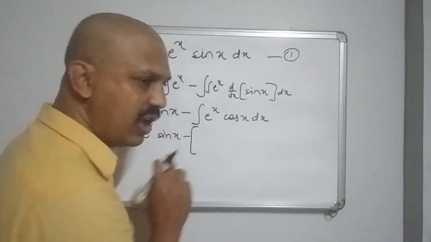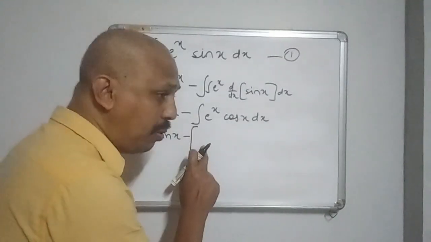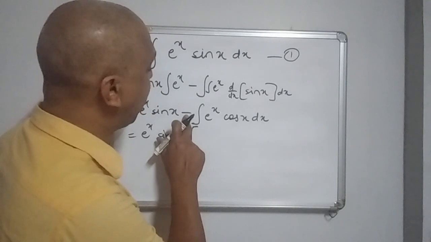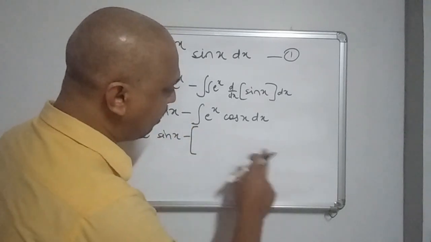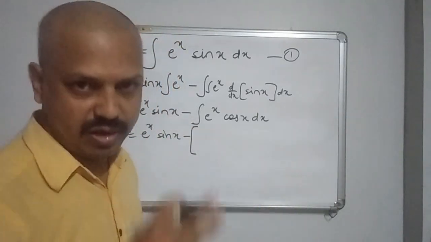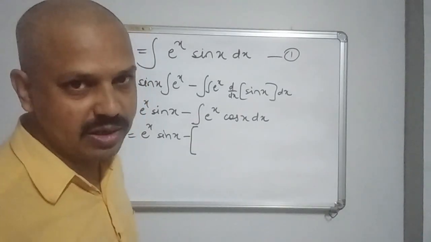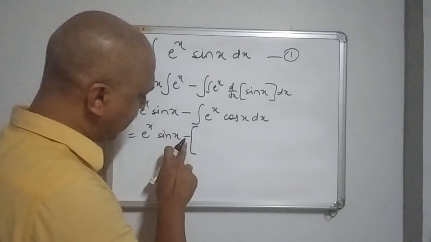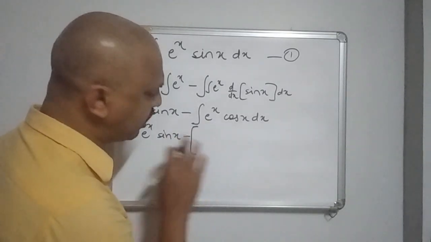So I am writing this in a bracket. This is very important to be followed as a practice, because otherwise, despite getting the right answer, if the minus sign is not applied everywhere, then the third term will have different signs, either plus or minus. So to be careful with that, I am maintaining the consistency. Minus sign is as it is, and I am putting everything else in a bracket.